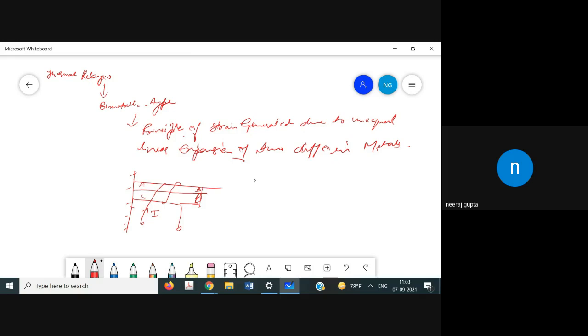That is, we will have this one, then after that we will have this one. These are the trip contacts.